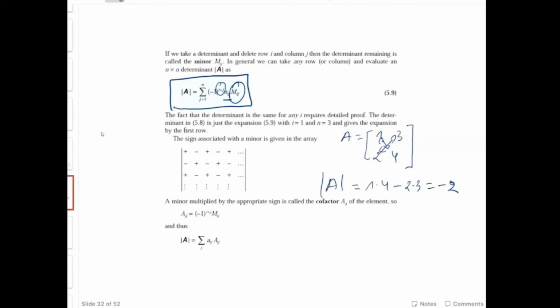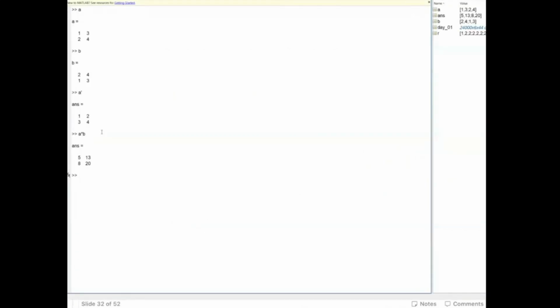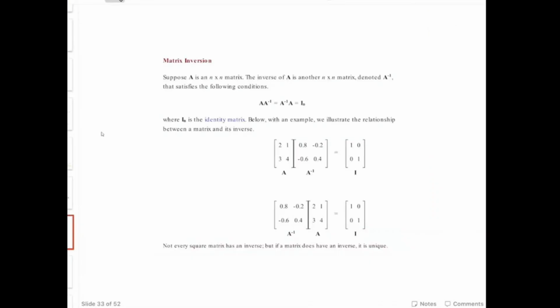And MATLAB also gives us a way to compute determinant. det of A in MATLAB gives the determinant of our matrix A. This is minus 2.